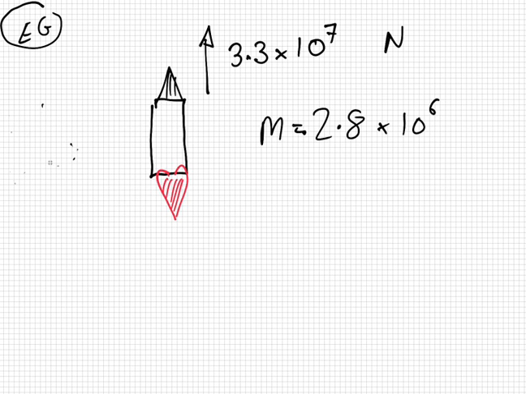There you go. You have your mass, you have your force, so we would like to work out the acceleration. So let's work out the acceleration. Well, you tell me the acceleration. You work it out for me. Use your formula, F equals ma.